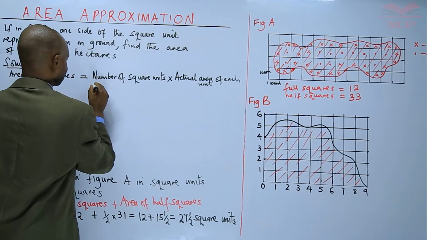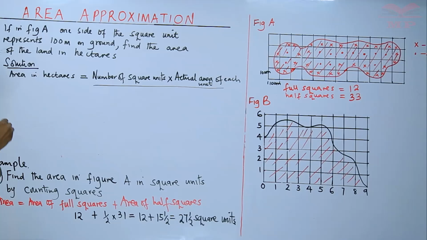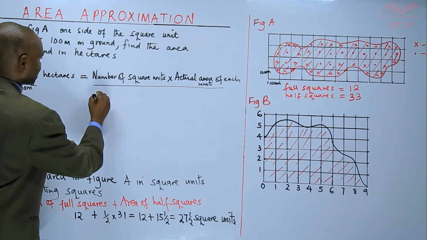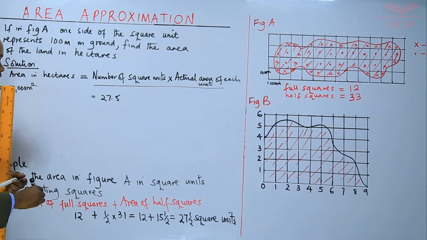Then you divide by 10,000. Why do you divide by 10,000? It is because 1 hectare is 10,000 square meters. So the number of units we found was 27 and a half, it will be 27.5.